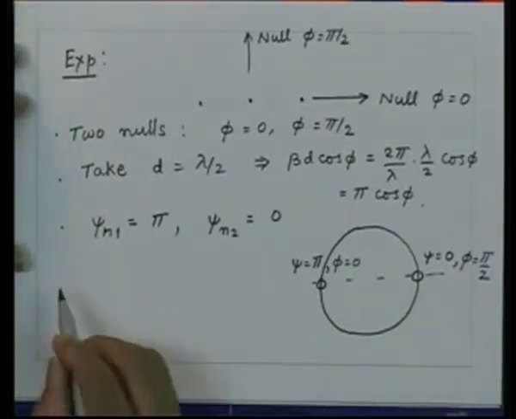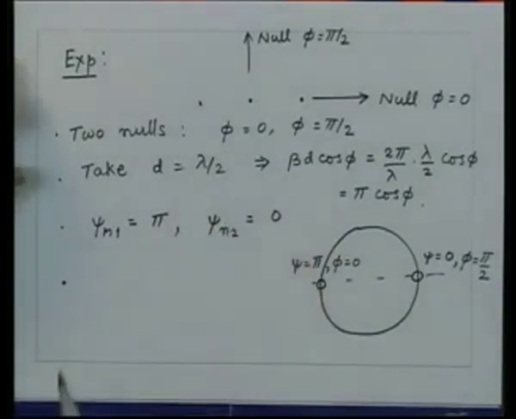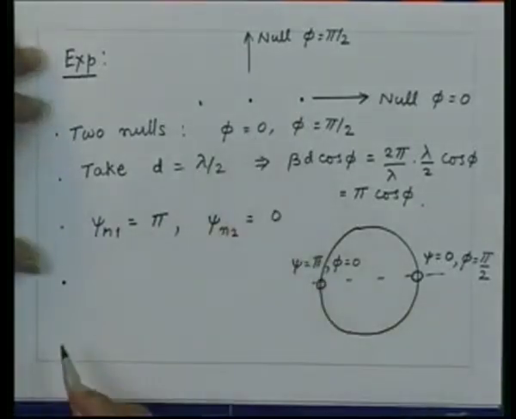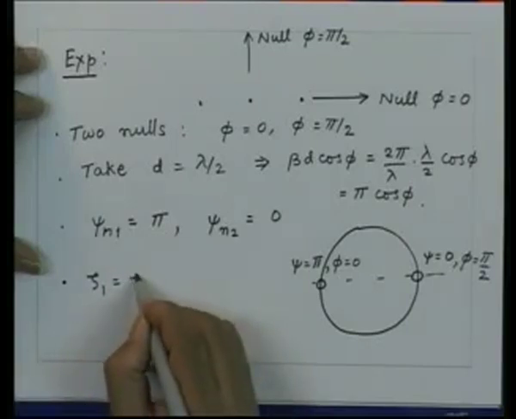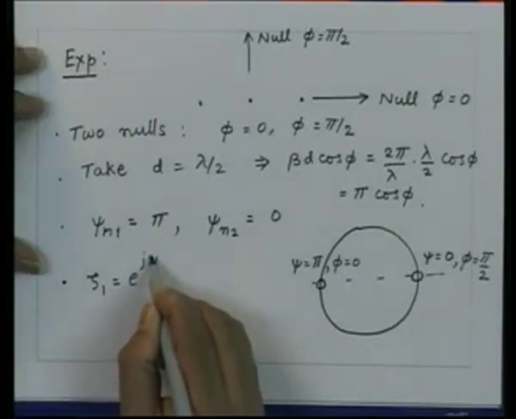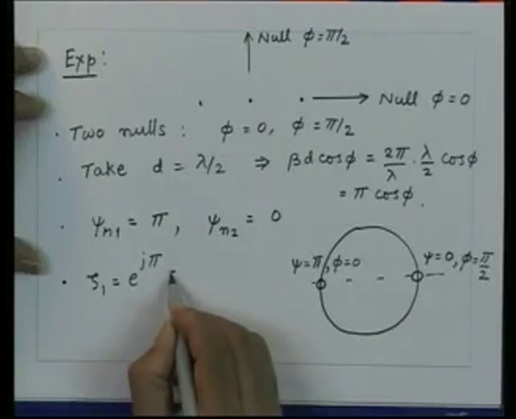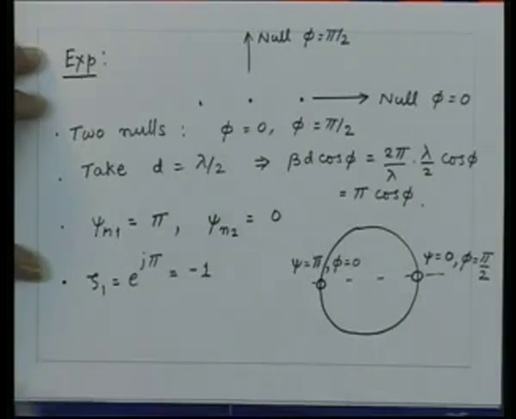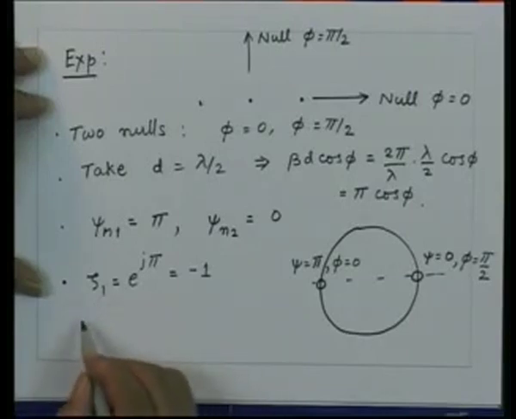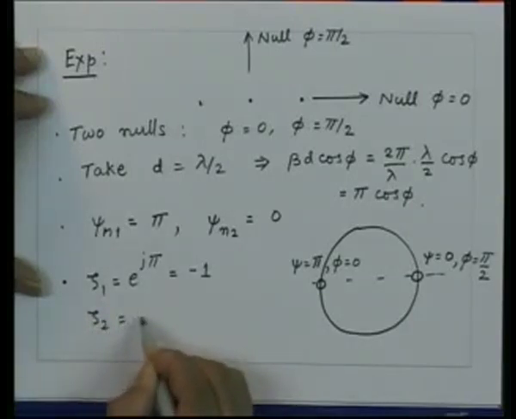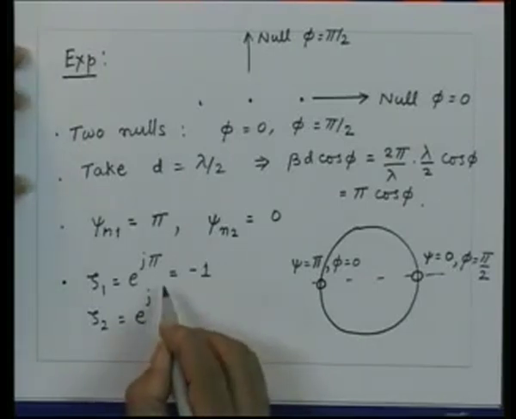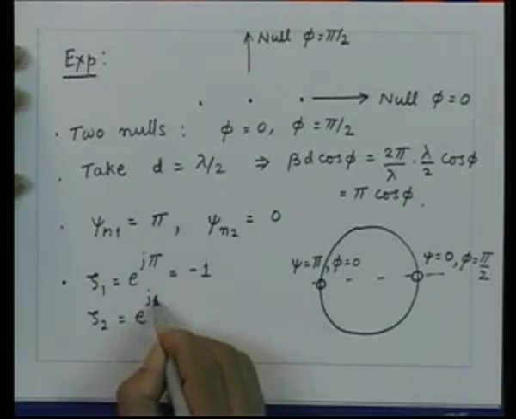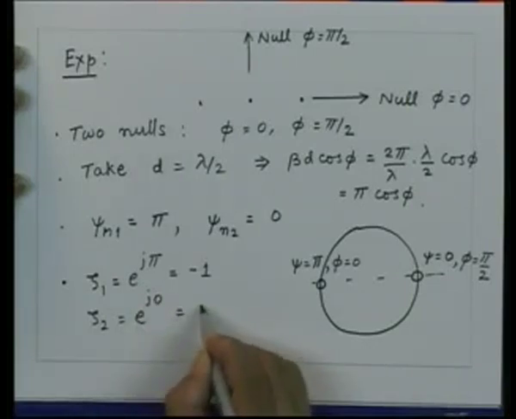Once I get this, then the roots of this polynomial which would define the radiation pattern for this would be zeta 1 will be e to the power j pi, that is equal to -1, and zeta 2 will be e to the power j 0, that will be equal to +1.